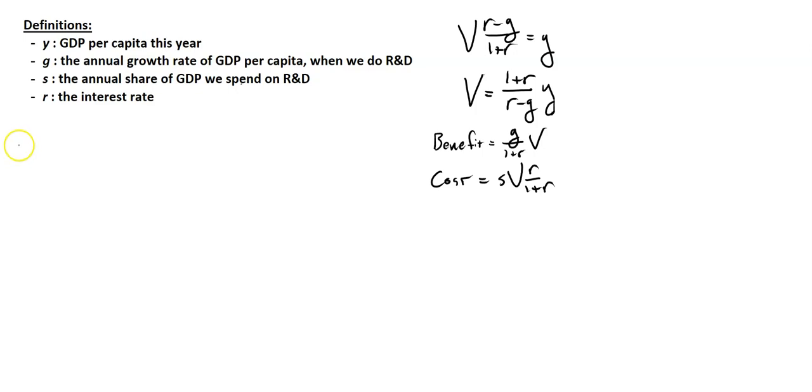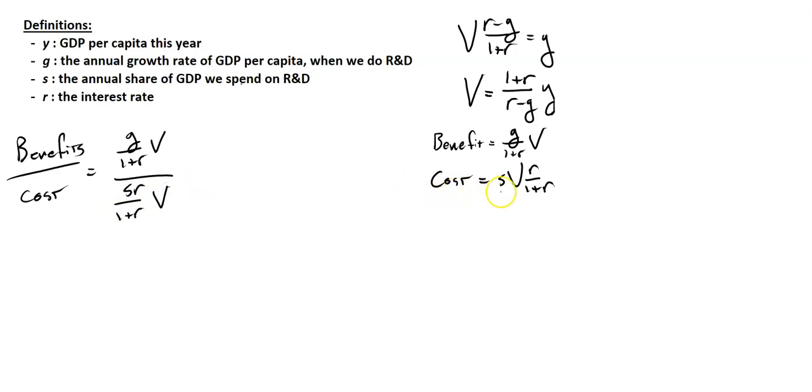And at last we can see that the ratio of benefits to cost of R&D can be expressed as G over 1 plus R times V over S times R over 1 plus R times V. That's just rearranging where I put the terms. And you can see here that lots of things just drop out. The V's cancel, and the 1 over 1 plus R cancels, and so we're just left with G over S R.